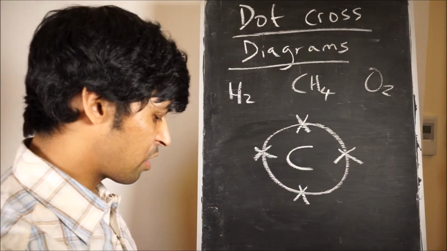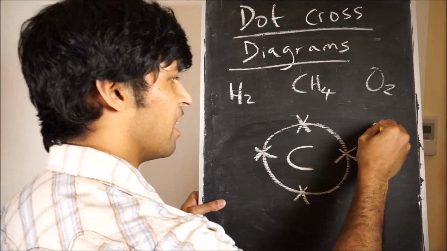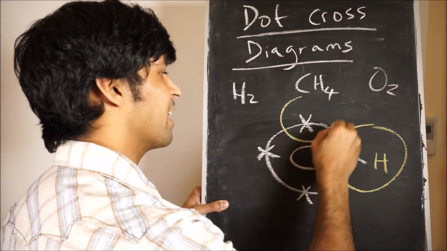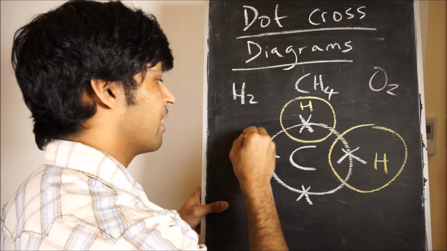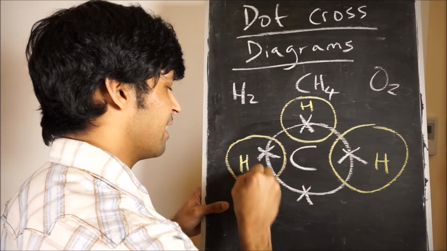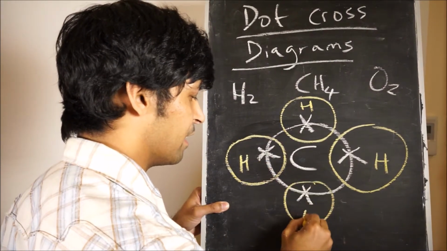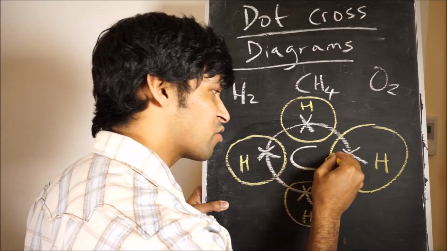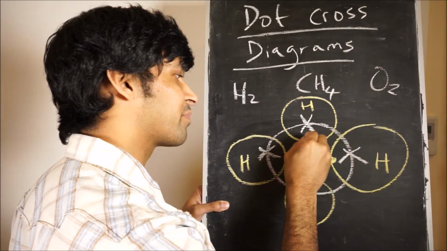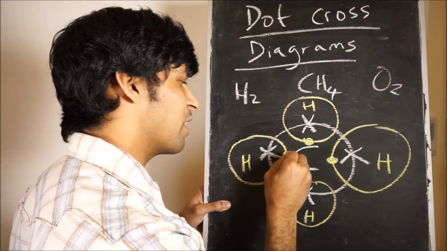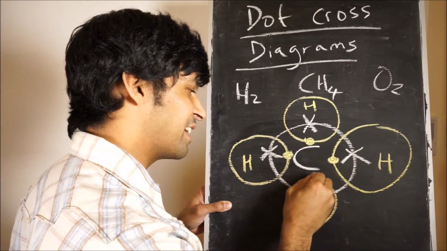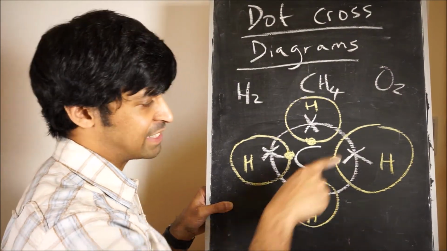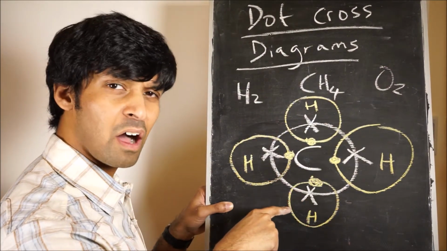So let's just have a look at what happens. And I'll draw the hydrogen in yellow this time. Got 1 there, 1 there, 1 there, and 1 here, okay? Now, when I draw the electrons for the hydrogen, they're going to be over here. Remember, they've got to overlap. It's going to be wrong if I draw the electron here, because that's outside of the carbon atom.